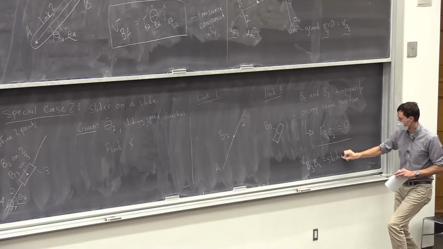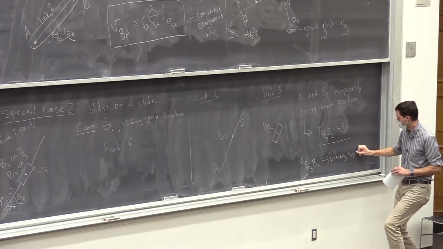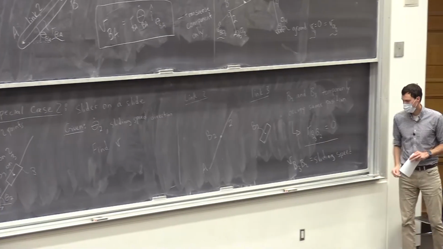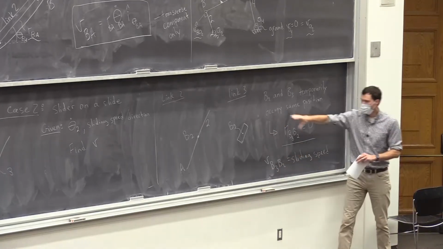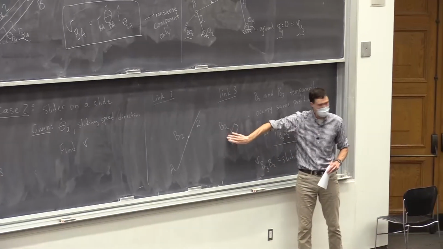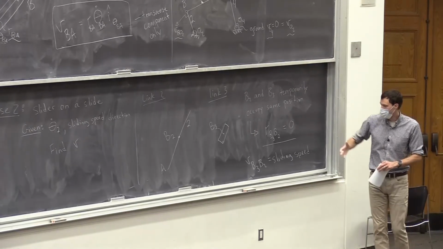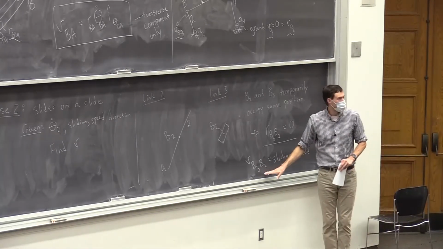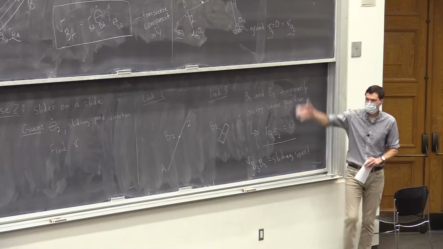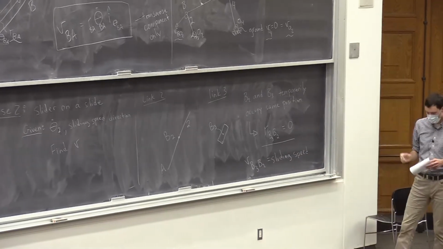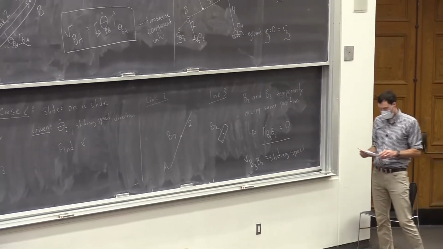This is the sliding speed. If B3, that's link 3, is moving up the slide, we could say that B3 relative to B2 has this sliding speed up the slide. So this is going to be our velocity method.